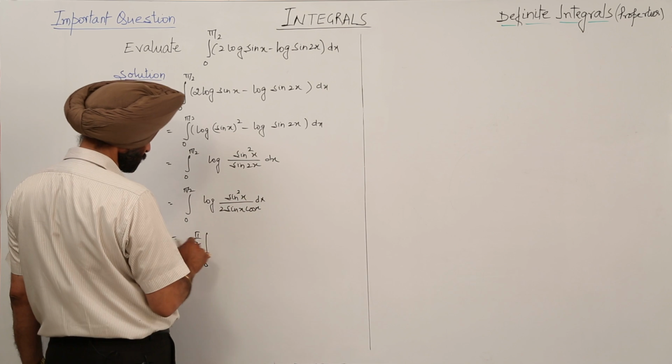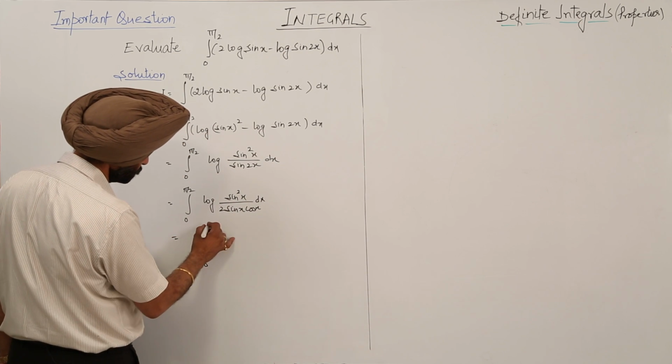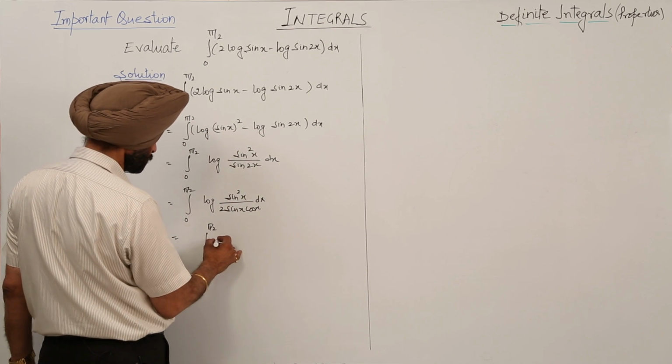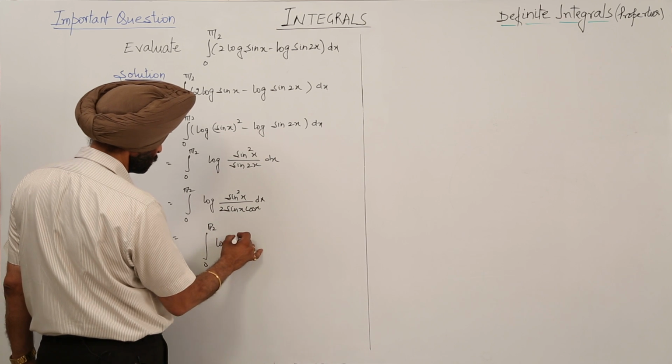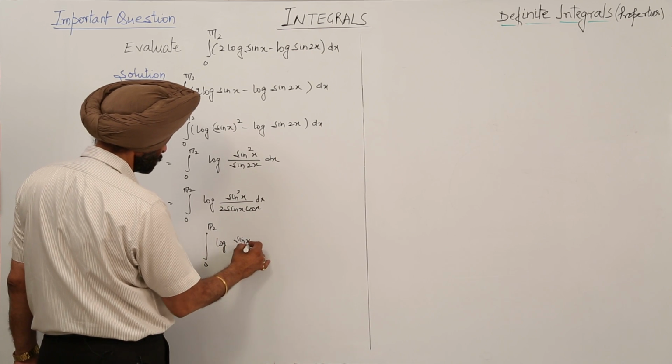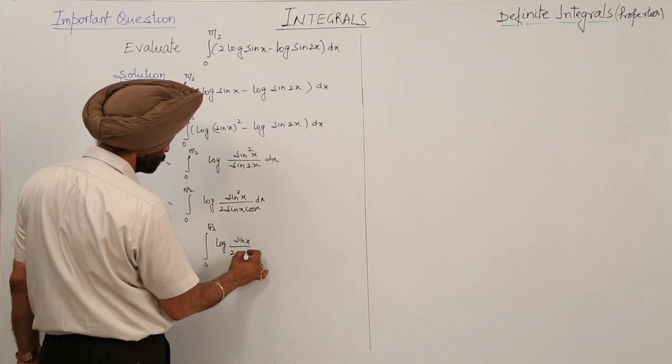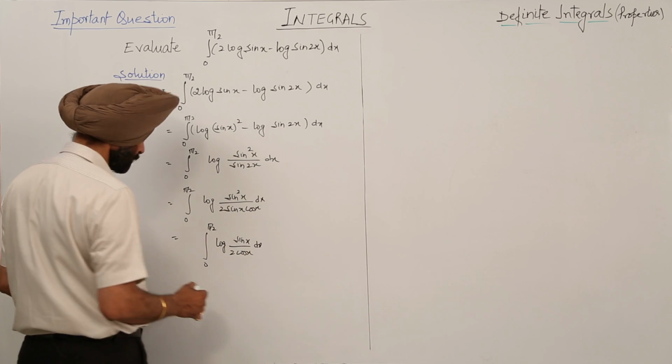Pi by 2 to 0, pi by 2 to 0 log sin x upon 2 cos x dx.